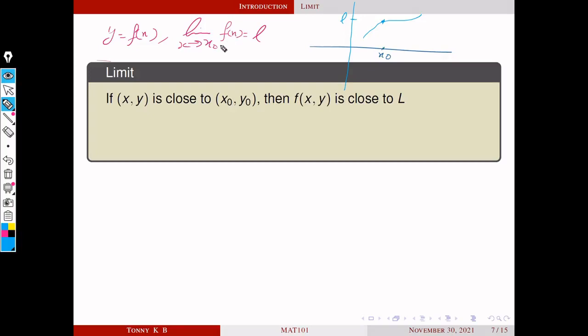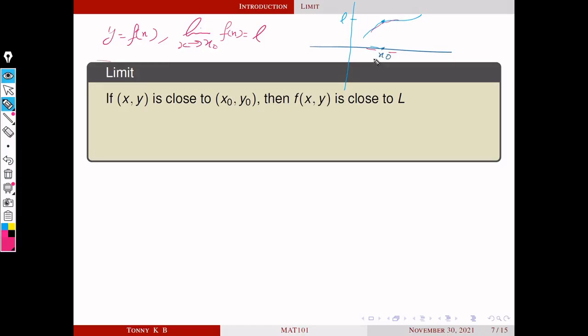This means whenever x tends to x naught, that means x is very close to x naught, this f of x is very close to L. Geometrically, whenever x is close to x naught, then f of x is close to this L value.